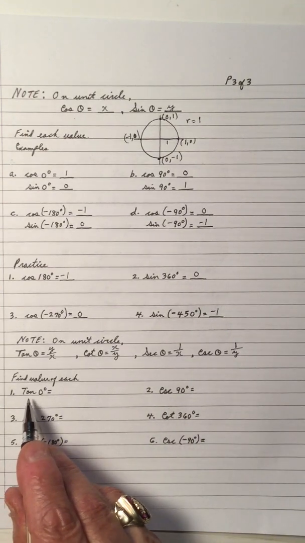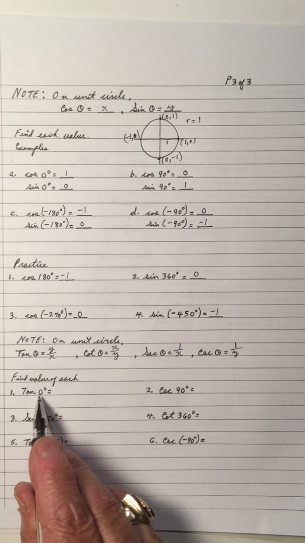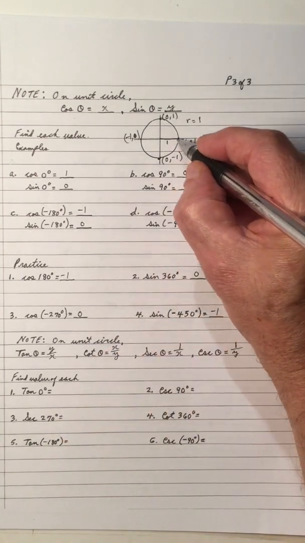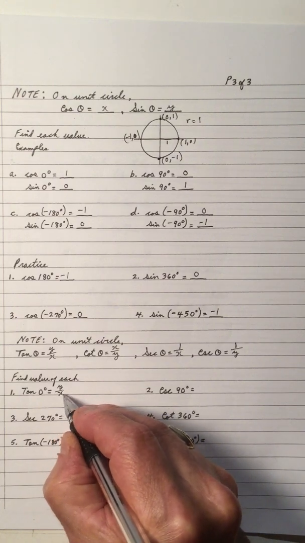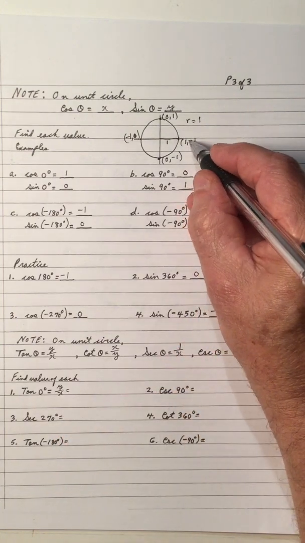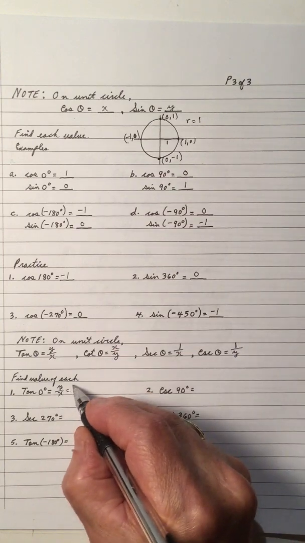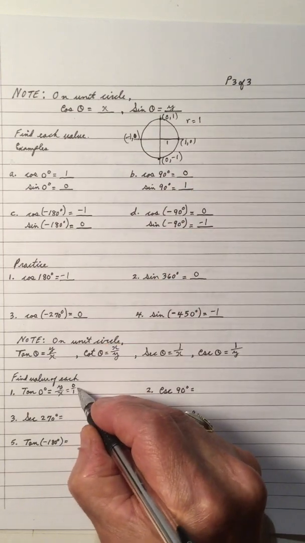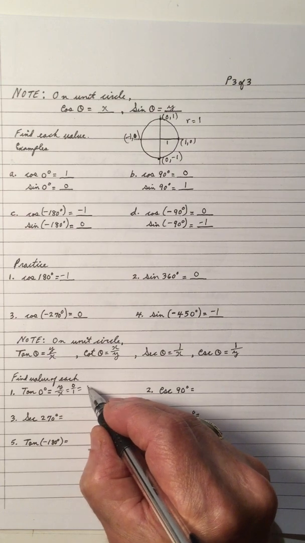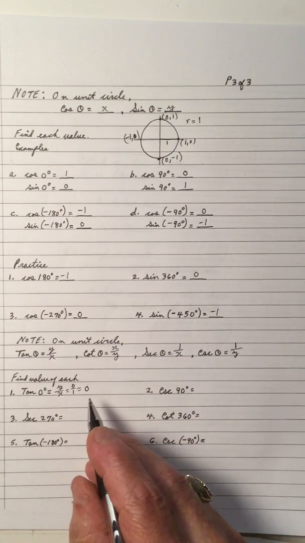Let's work out these. The tan of 0 degrees is right here. So the tan is the y over the x. So at 0, the y is 0 and the x is 1. 0 over 1 is 0. Try your calculator.